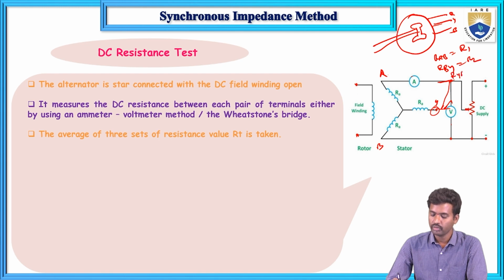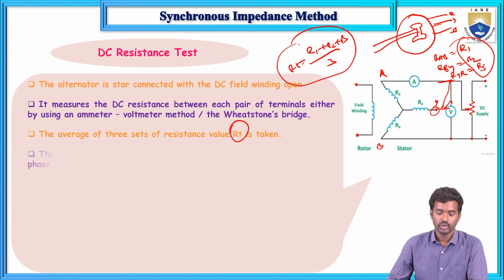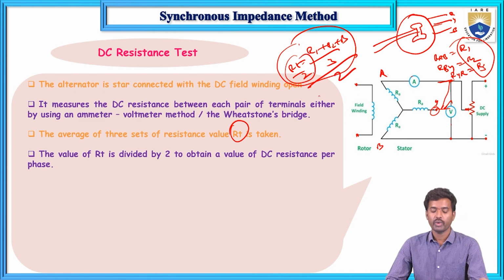Next, RYR, that is R3. Now the average of all three resistances is taken: R1 plus R2 plus R3 divided by 3 is RT. Now RT divided by 2 is the DC resistance per phase. In this way we calculate the DC resistance per phase.